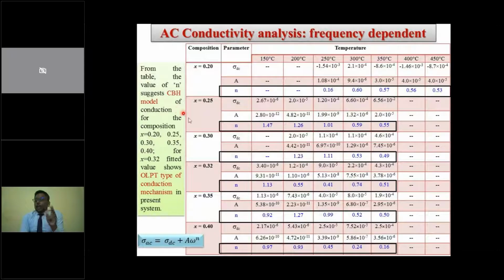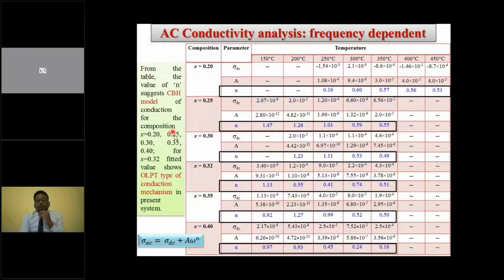And if n is continuously increasing, then a small polaron based conduction mechanism is there. If it is a combination of these two, primarily decreasing and then increasing, then it is the overlapping large polaron tunneling conduction mechanism, known as the OLPT.